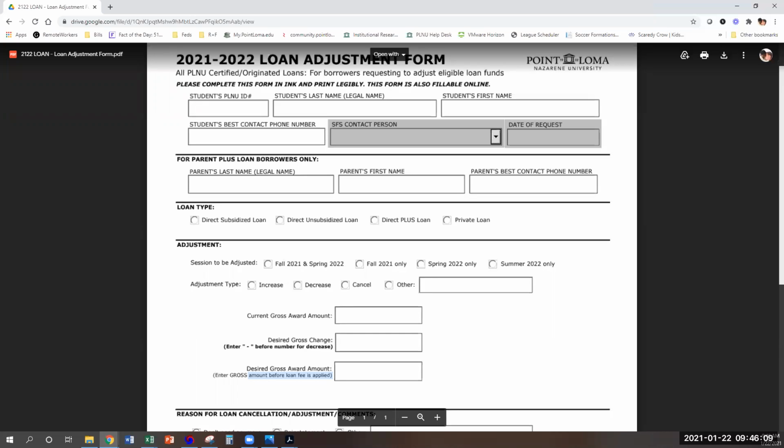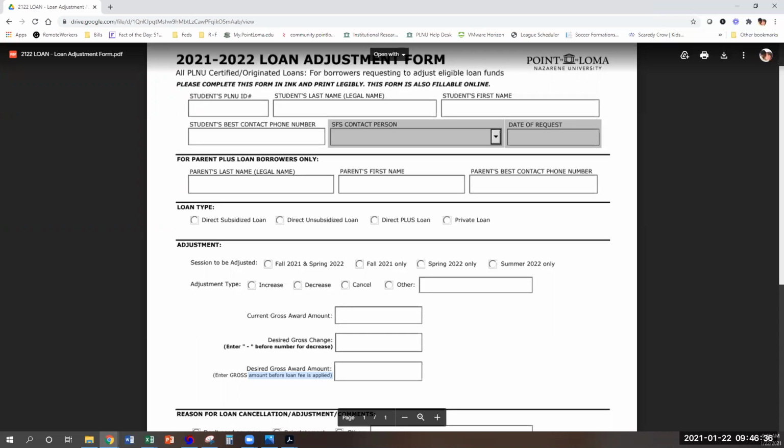Ours is kind of like an equation where it says current loan amount plus desired change up or down equals desired total amount. And at the bottom, our assumption on GPS is that students are most likely not able to fill this out on their own, and they are always consulting with an advisor to help them figure out the amounts.